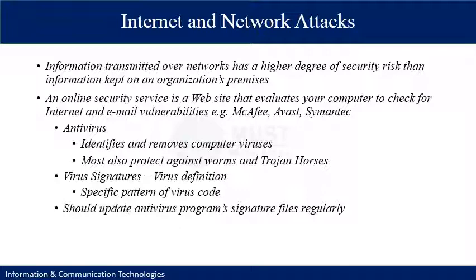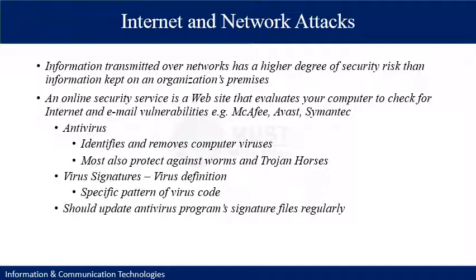And an online security service is usually quite helpful, which is a website that evaluates your computer to check for internet and email vulnerabilities. Common examples are McAfee, Avast, and Symantec antiviruses.